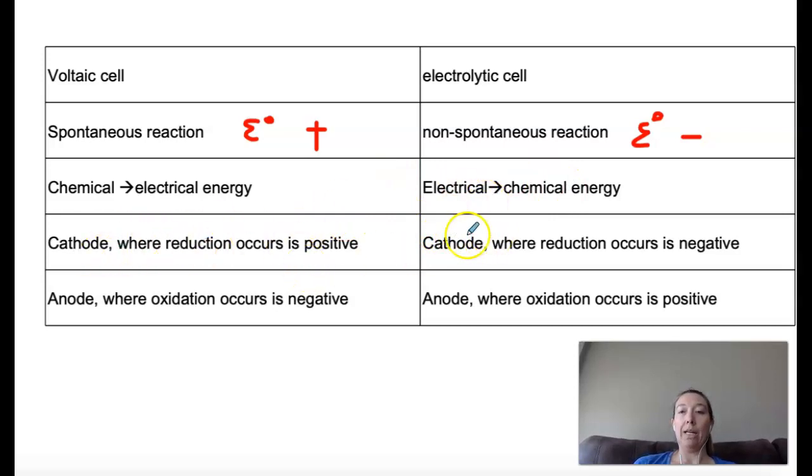And one of those is the charge. Okay, you find that when we switch to electrolytic cells, the negative and positive switch around. So the cathode is now considered negative and the anode is now considered to be positive. And the reason for that is simply it's not a spontaneous flow of electrons.